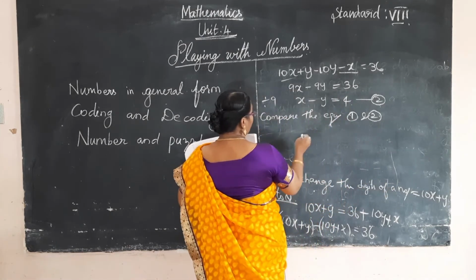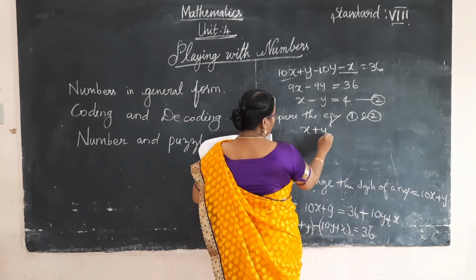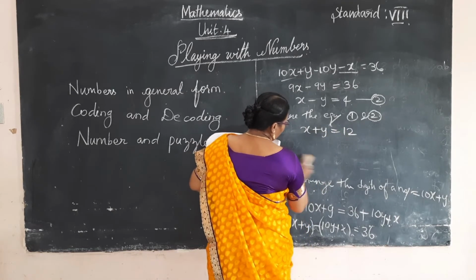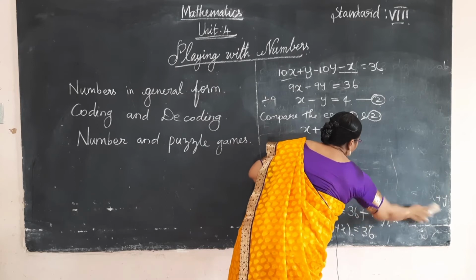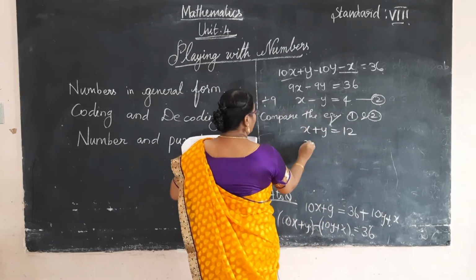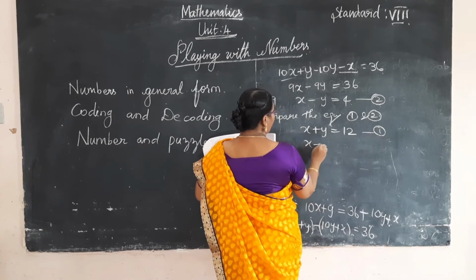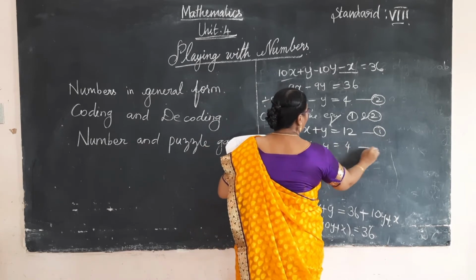What is equation number 1? x plus y is equal to 12. And equation number 2 is x minus y is equal to 4.